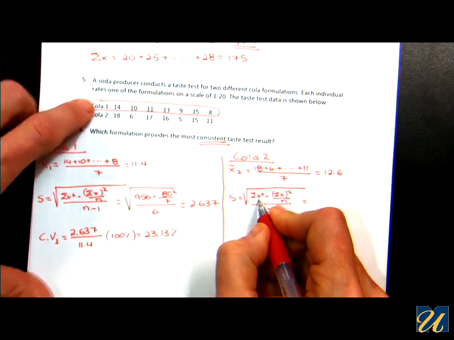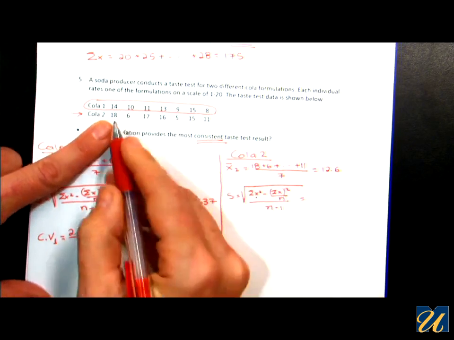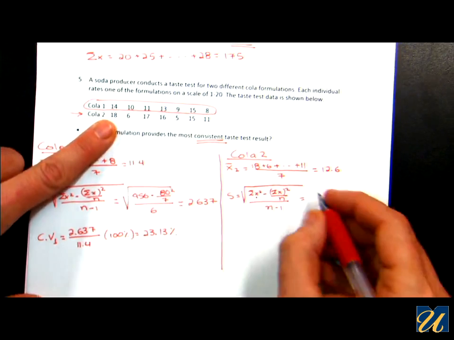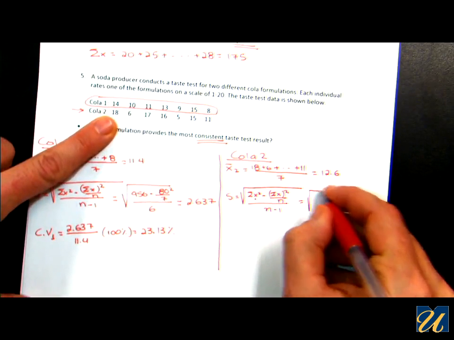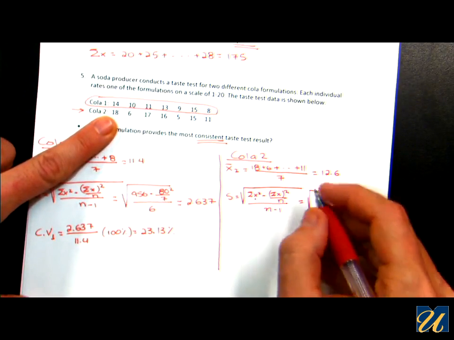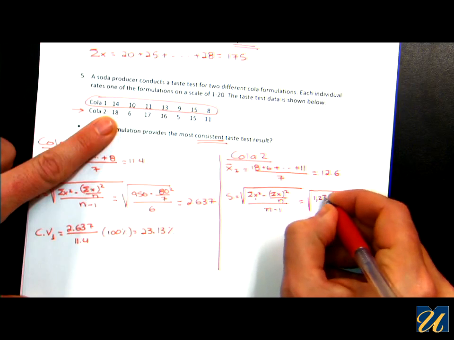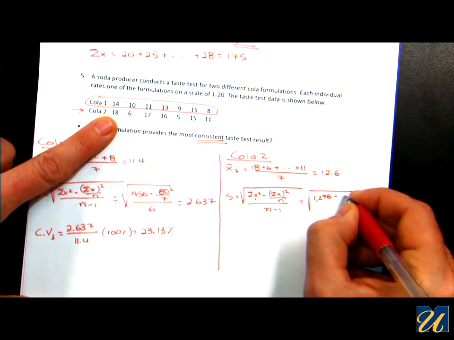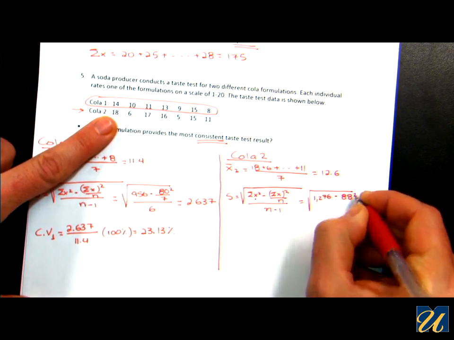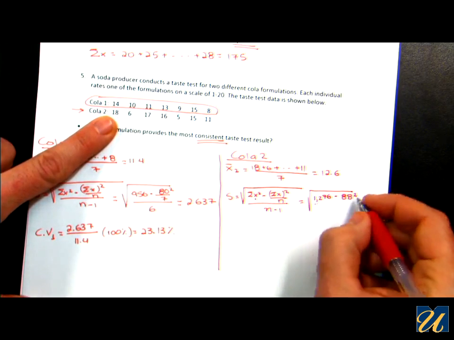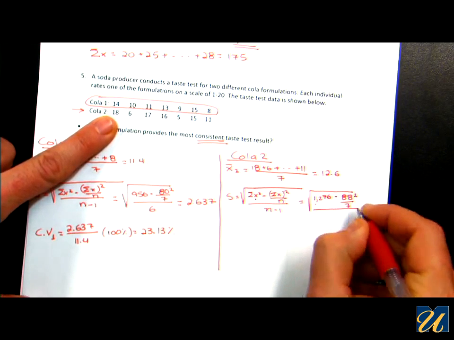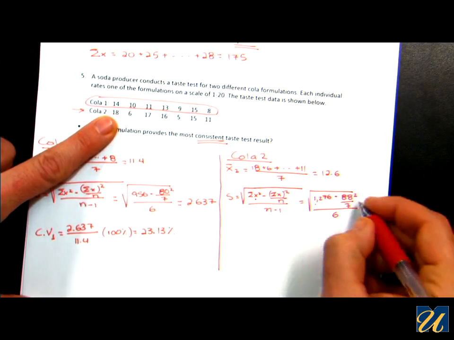The sum of all the squared entries, I take each one, I square it, and then I add them, is going to be equal to 1,276 minus 88 squared over 7, and all of this over 6.